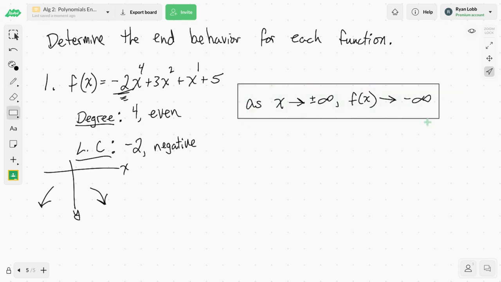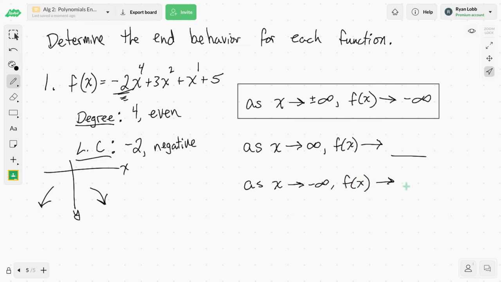Okay. And as I stated, you can separate this into two statements. And quite frankly, if you want to, you could go ahead and set up a template because every one of these, you could do this. As x approaches infinity, f of x approaches, leave a blank. As x approaches negative infinity, f of x approaches blank.